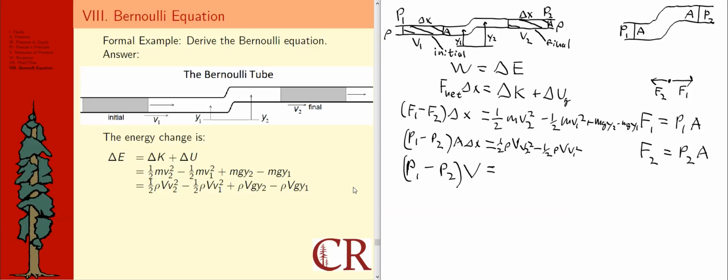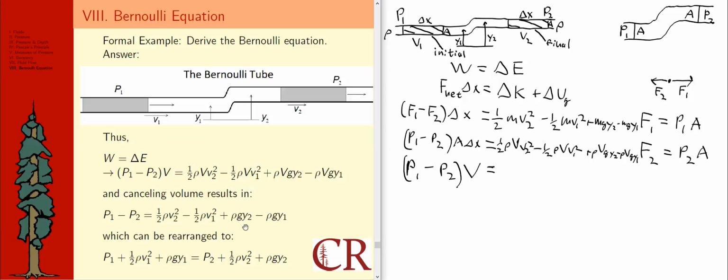That's okay though. And then here we have rho volume g y2 minus rho volume g y1, which can barely fit in there.